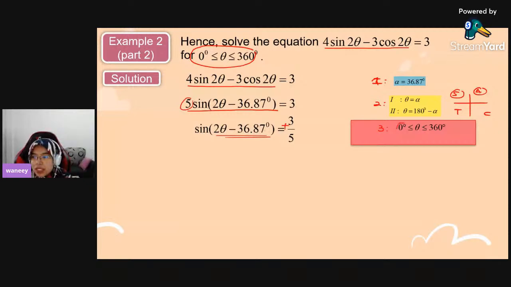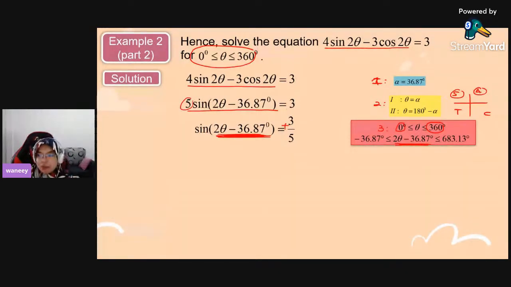Therefore, for 0 and 360, I'm going to multiply them by 2 and then minus 36.87, so that I have the same thing over here: 2 theta minus 36.87. That is how we modify the range.